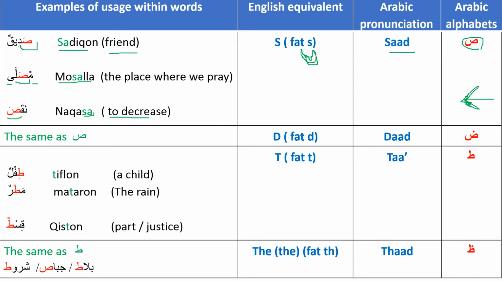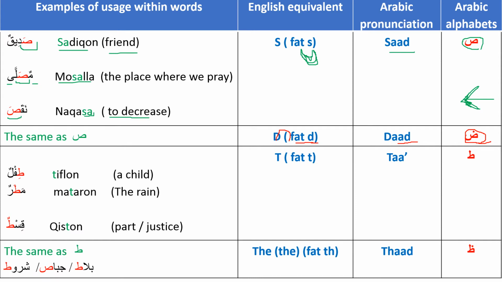The idea here for the letter Dad, again, it's not dad, no, it's a fat D, Dad. You can squeeze a little bit the middle of your tongue to your lower and little of your upper teeth.